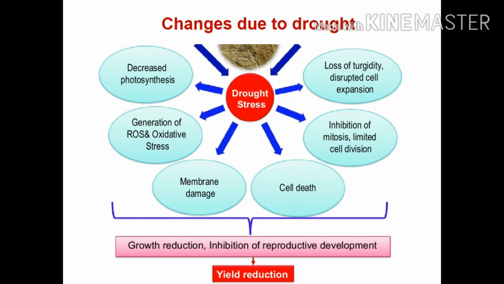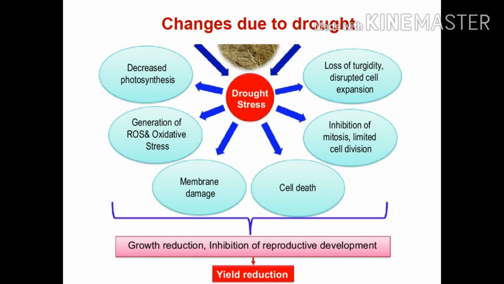The changes due to drought, and we can discuss many changes: loss of turgidity, disrupted cell expansion, and that leads to inhibition of mitosis and limited cell division, and finally cell death.